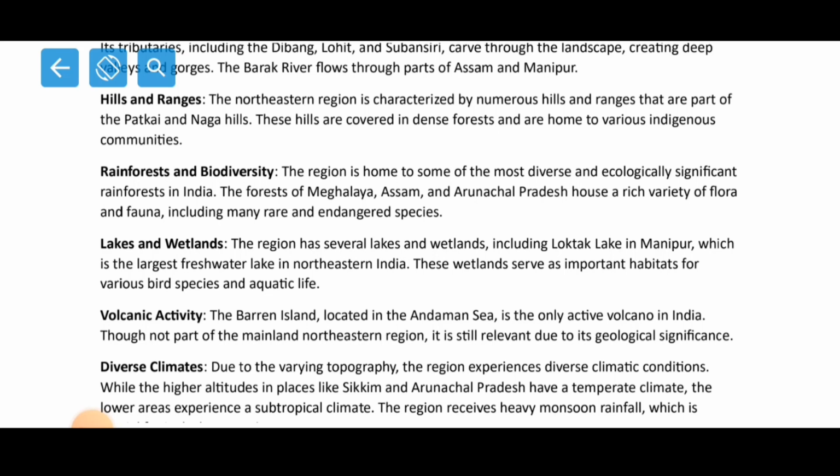What do you understand by the term endangered species? Endangered species means the species which is facing the risk of extinction, which means if we do not act and protect these species now, they will be wiped out from the earth. One example of a bird which is extinct from this world is the dodo bird, right? Dodo.